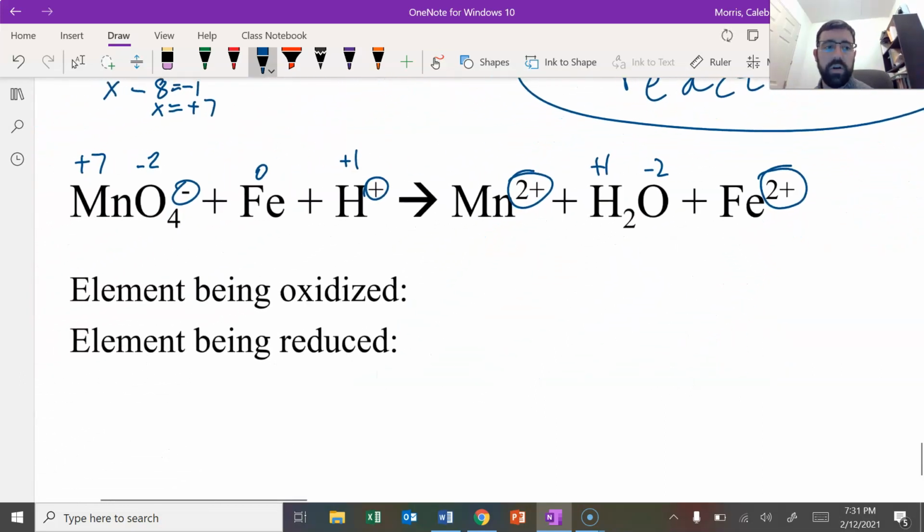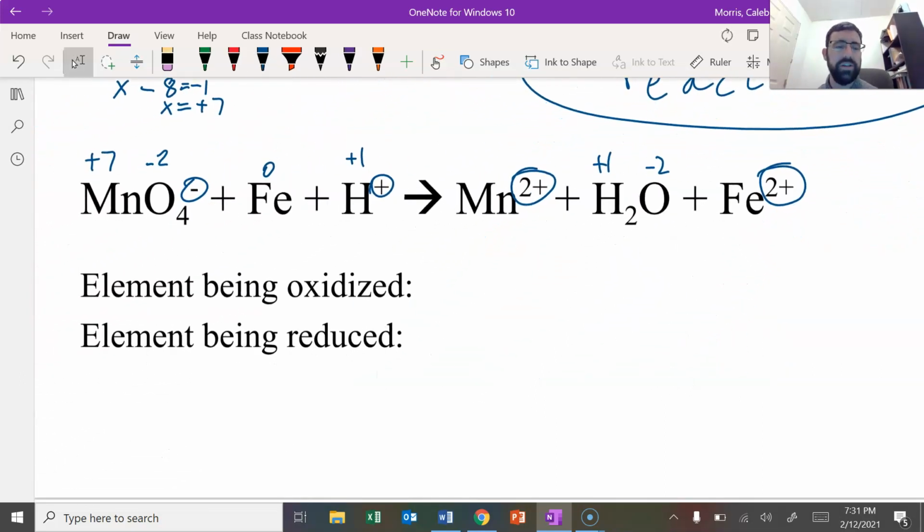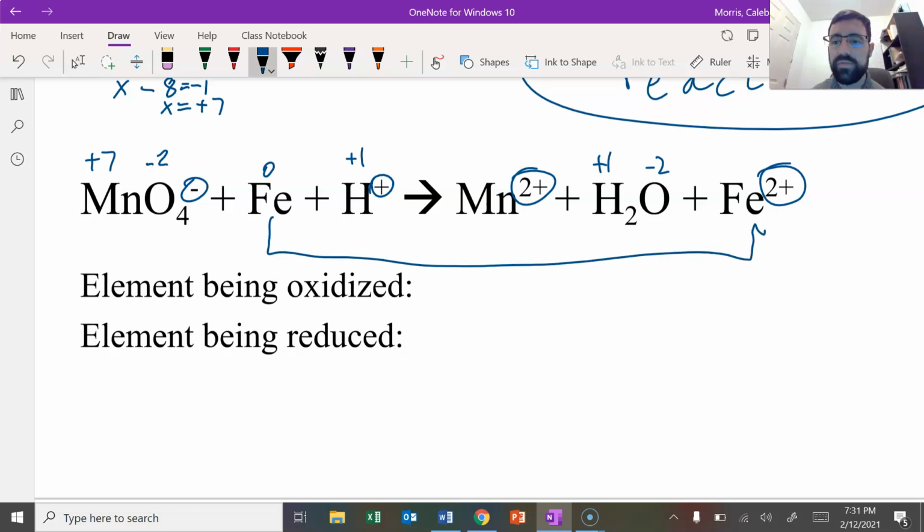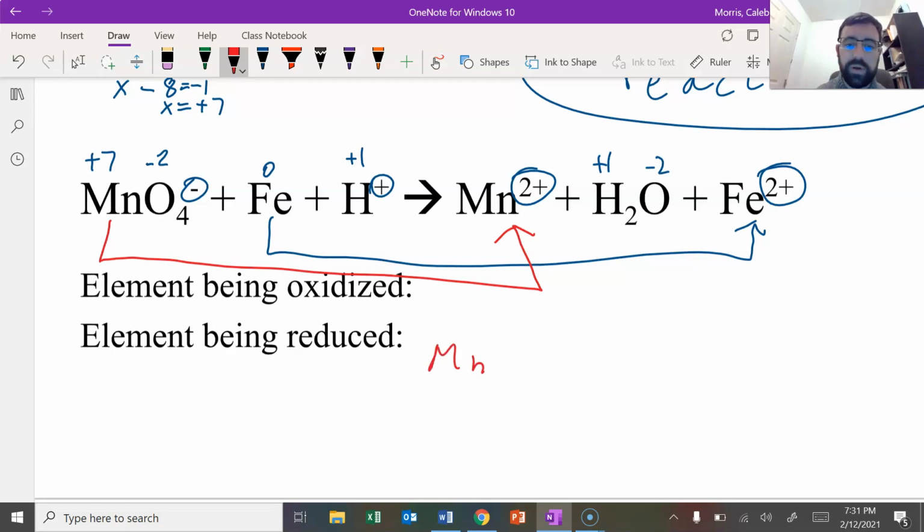So here's our overall reaction. What's changing? Well, manganese changed, and so did iron. Manganese became more negative or less positive. Iron became more positive. So iron went from 0 to +2. Manganese went from +7 to +2, but that's still reduction.